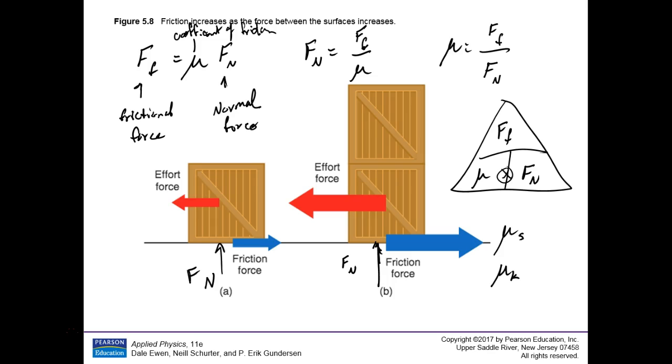Rubber on dry concrete, 2.0. That's important when you're driving the car, right? That's static. Kinetic, 1.0. Exactly half. Now, what's the ramification of that? And if you ever had driver's ed, they probably taught you this.